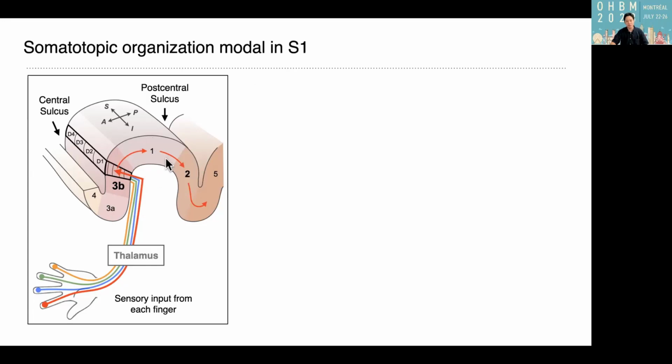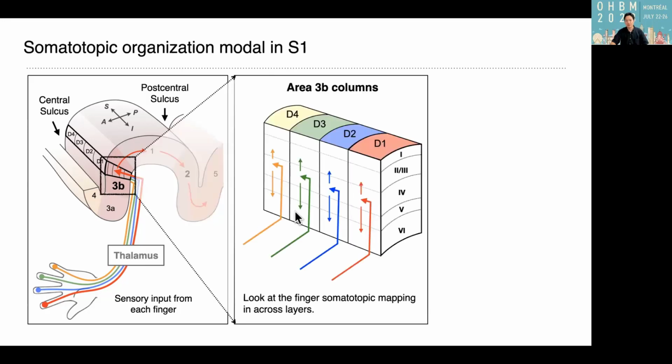In area 3B, we also know that the sensory signal from the cell mass will be projected to the middle layer of each finger area, and then spread to both upper and deep layers. So this is the reason why we found the clear finger maps in the middle layers.